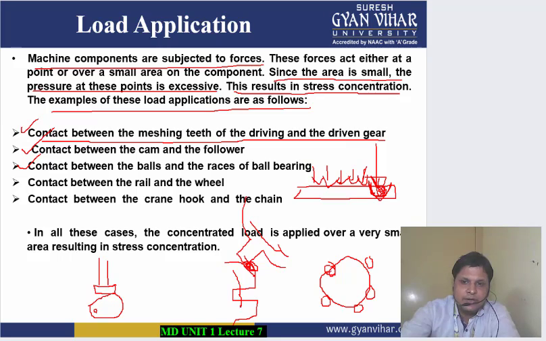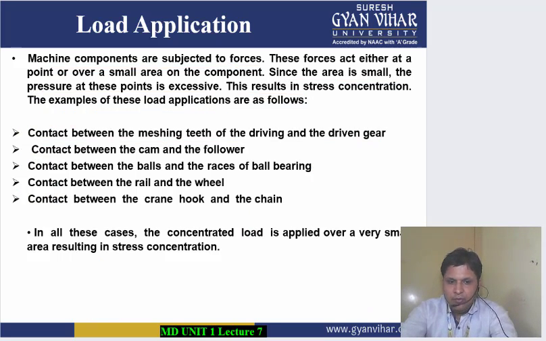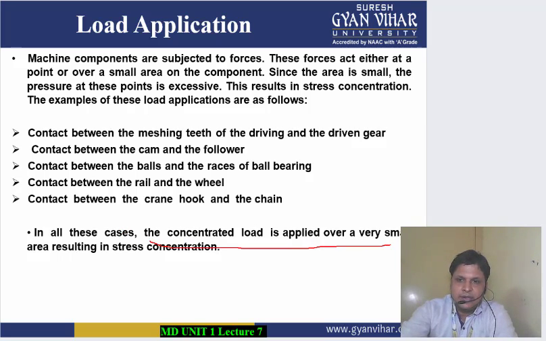So this creates localization of stress in this small contact area. Then the fourth is the contact between the crane hook and the chain. In this case also, there is this problem. So in all these cases, the concentrated load is applied over a very small area, resulting in stress concentration.